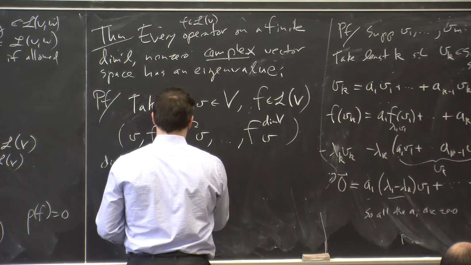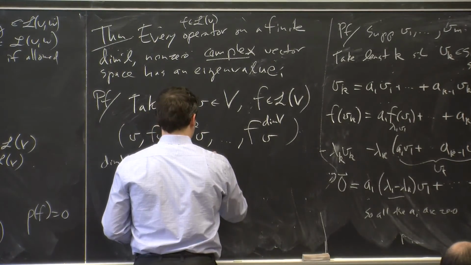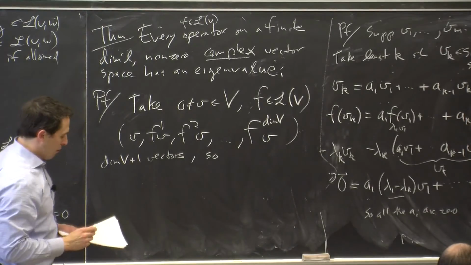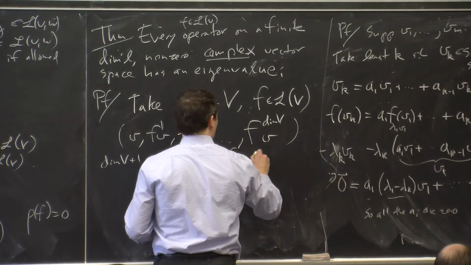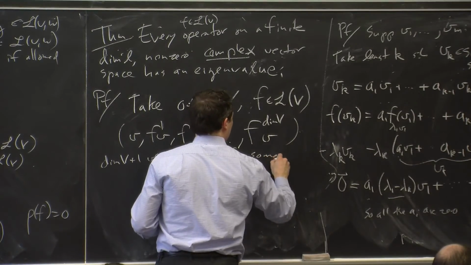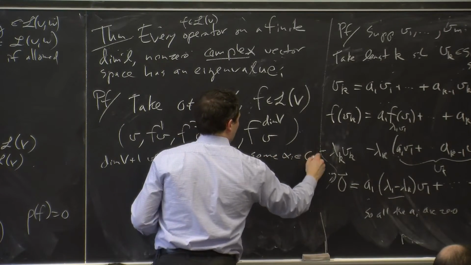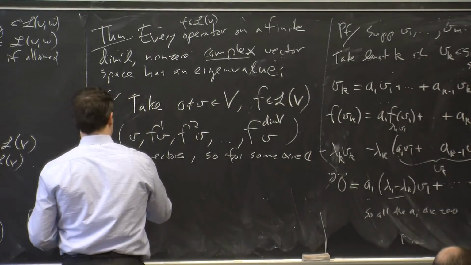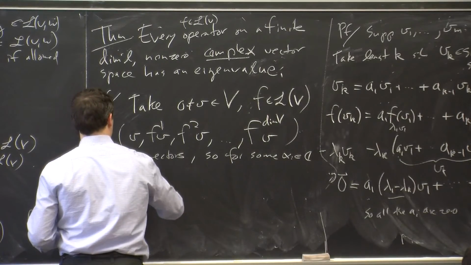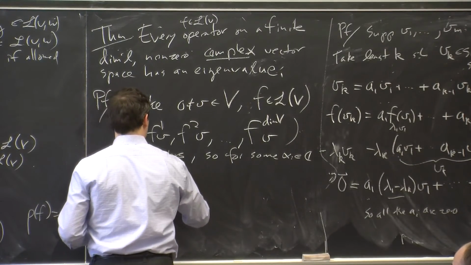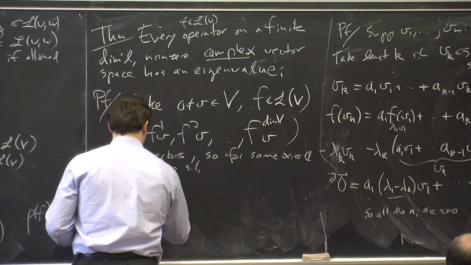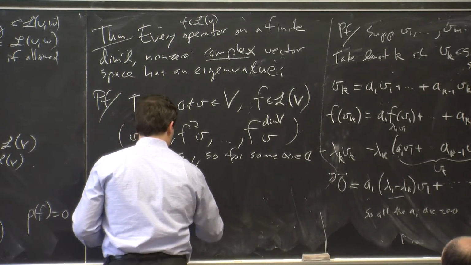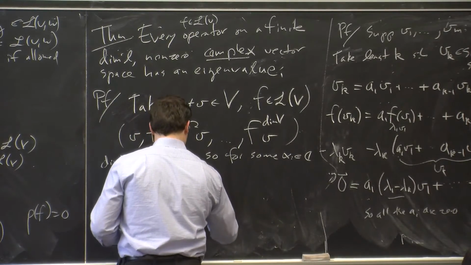So this has this many vectors. And so by the definition of linear independence, there exist field coefficients, not all 0, such that we can write 0 as a linear combination of these vectors. These are just some vectors, right?